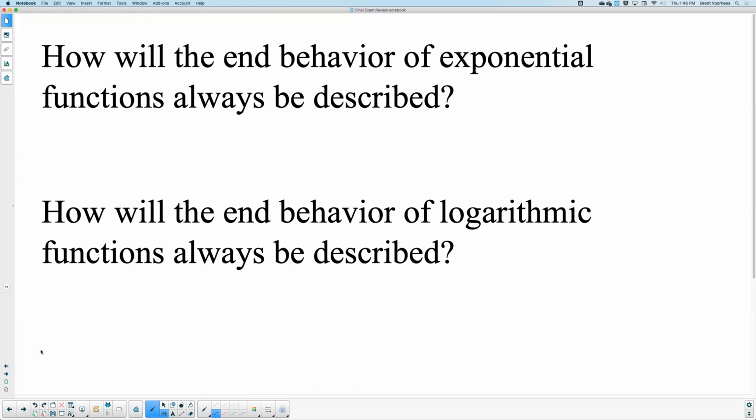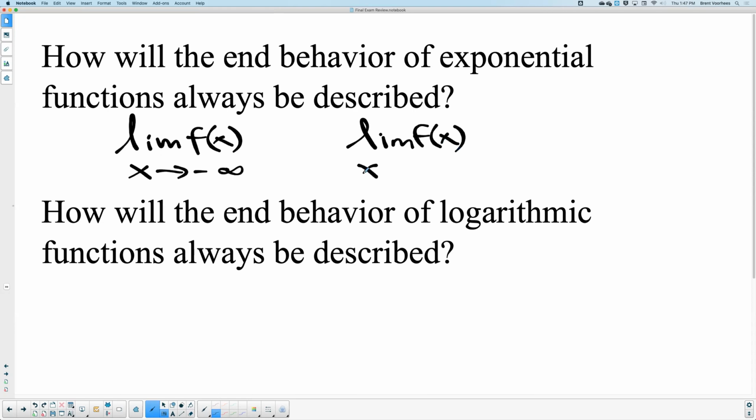If it's all reals, that means one's a negative infinity, one's a positive infinity, because it's all reals.